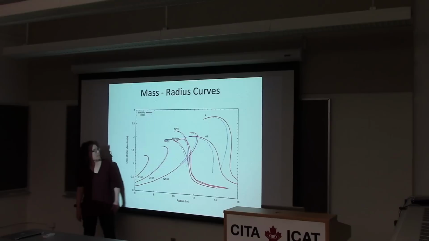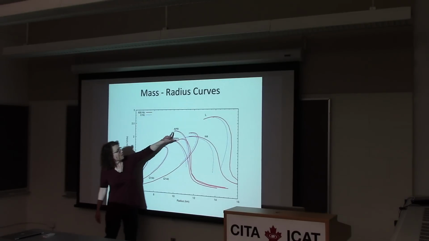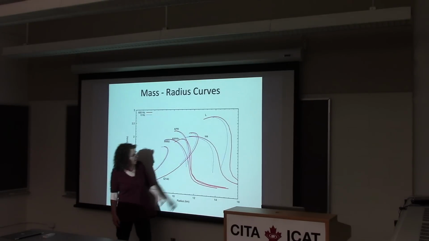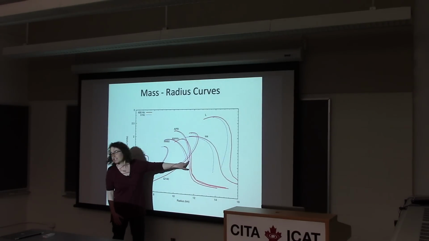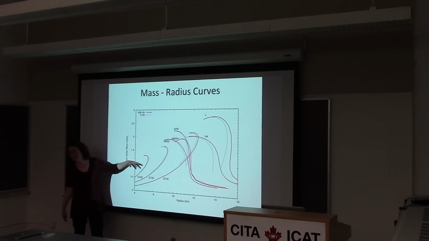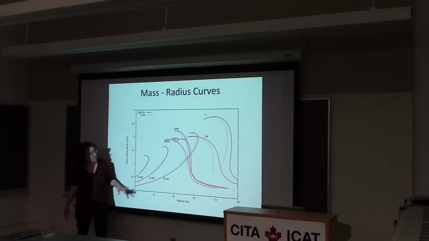For instance, the blue curves correspond to different equations of state and the possible values that you could have. I think I forgot to extend this down to lower masses, just because we don't really think that masses below 1 solar mass really exist for neutron stars.